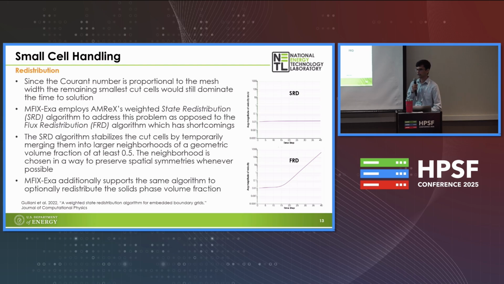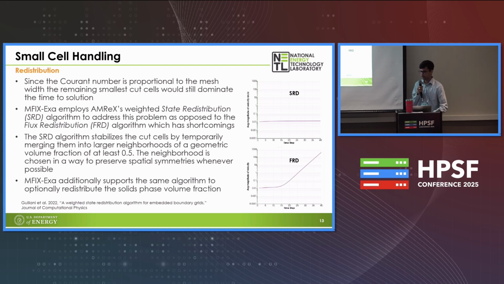The other aspect of handling small cells is that even after covering the very small ones, the ones that remain control the CFL number, and so we need to make sure that the algorithm is still stable. For this, MFIX-Exa employs the weighted state redistribution algorithm that AMReX provides.